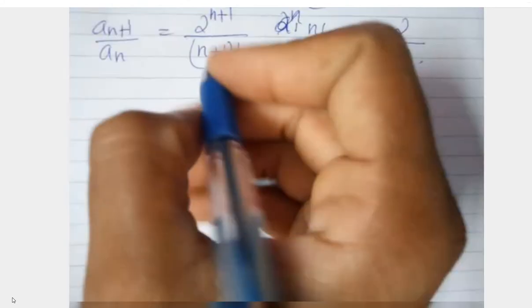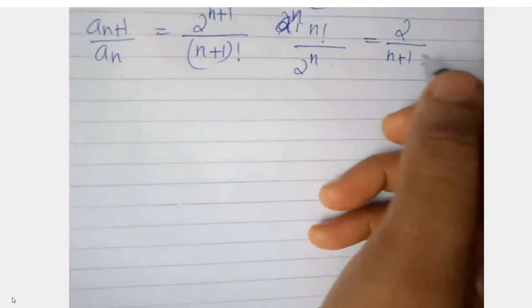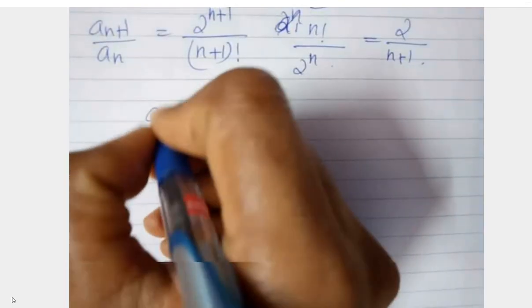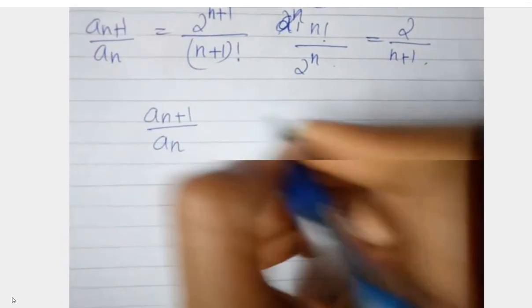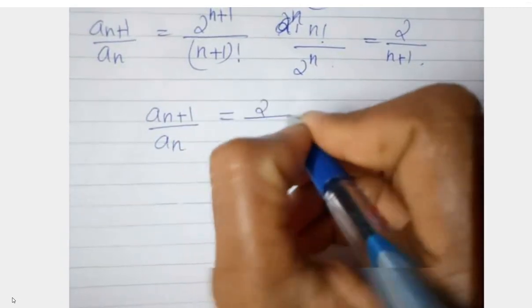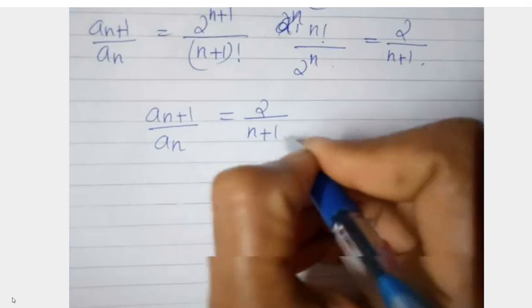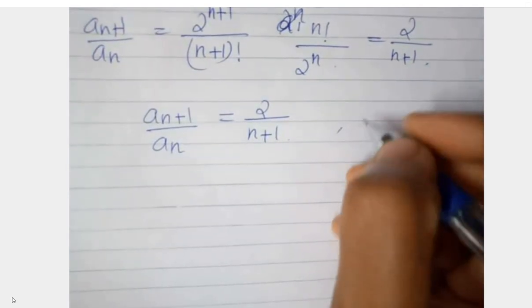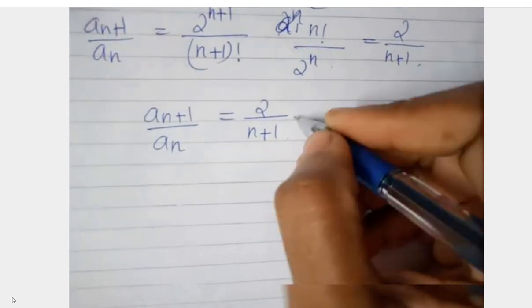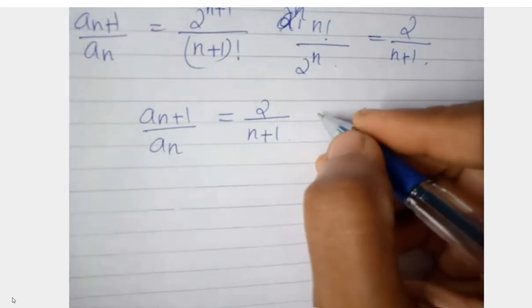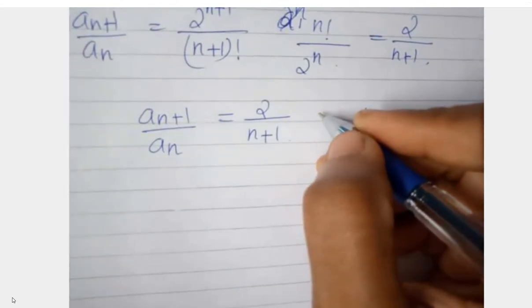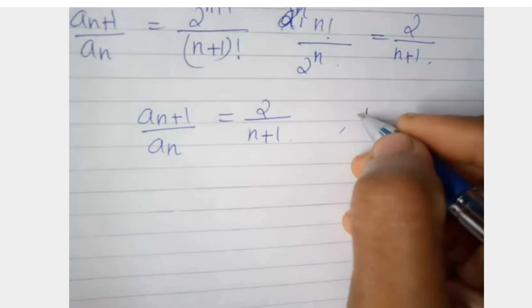So an plus 1 divided by an is equal to 2 divided by n plus 1. When n equal to 1, this is 1. For n equal to 2, this is 2 by 3.